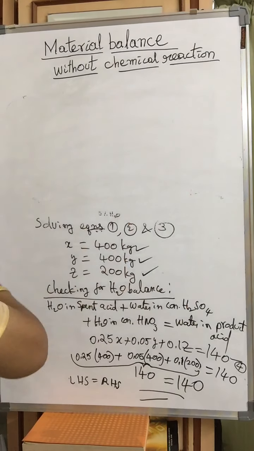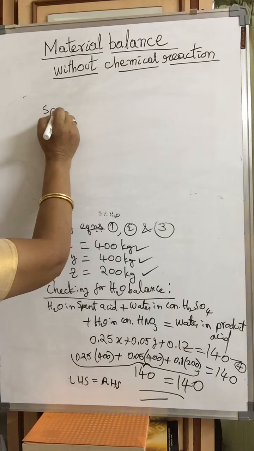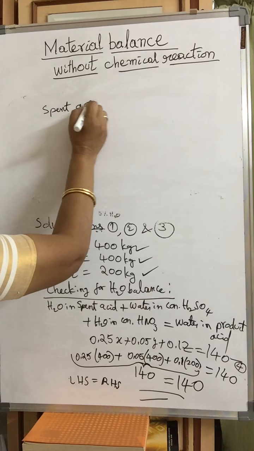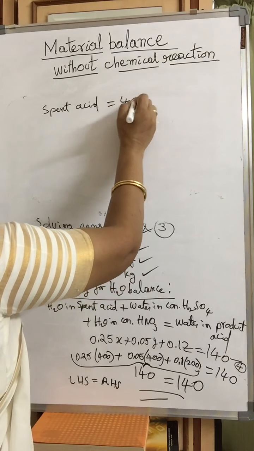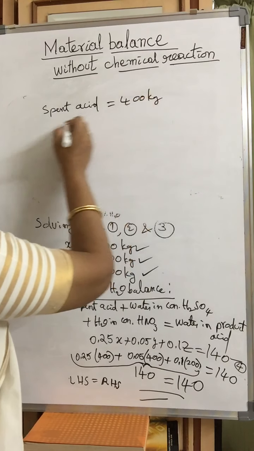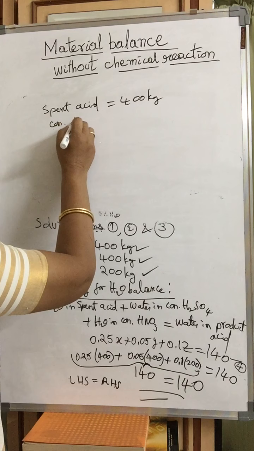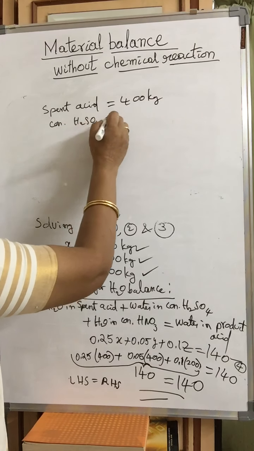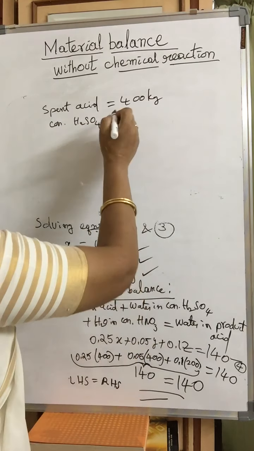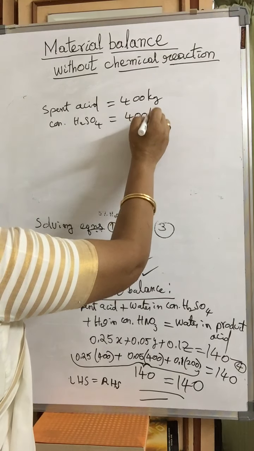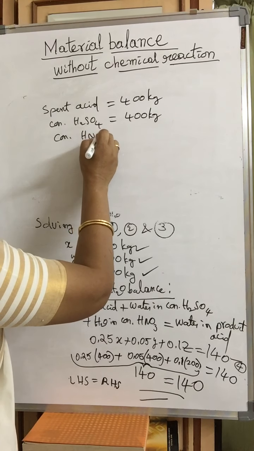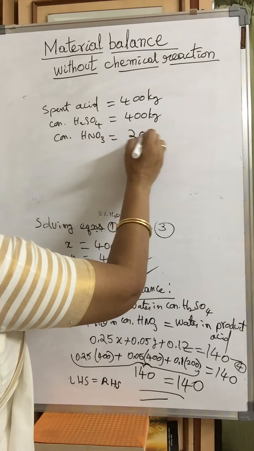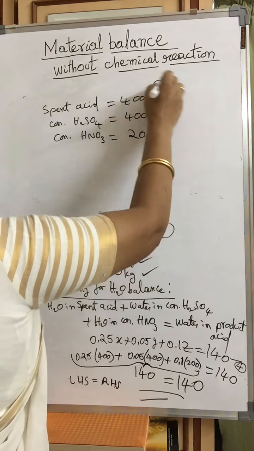You can conclude the answer by writing: spent acid, that is X we assumed, is 400 kg, then concentrated H2SO4 is also 400 kg, then concentrated HNO3 is 200 kg.